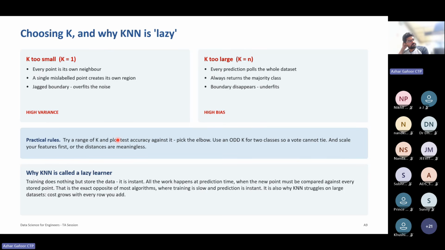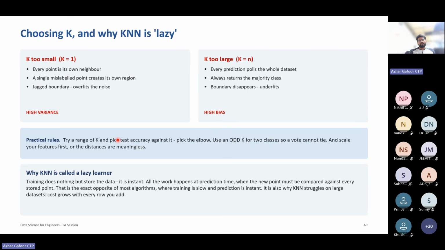So what is the approach, or how can we fix the number of K? If K is too small, if K is equal to 1, then every point is its own neighbor, which does not make much sense. It only depends on one point, because a single mislabeled point creates its own region. Whereas if K is too large, every point participates in the prediction process.